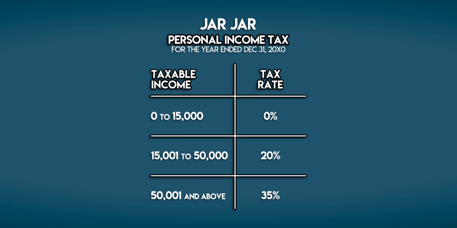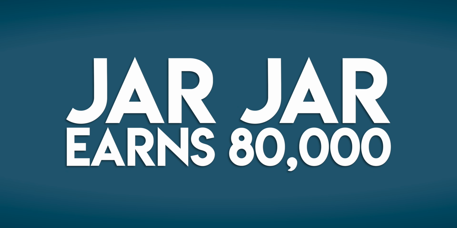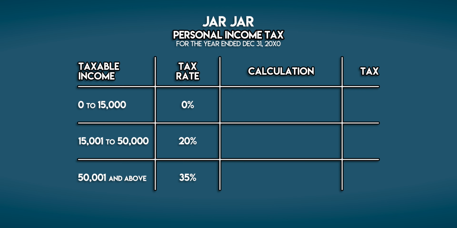Jar Jar is a cook for a wealthy nobleman. He lives on Naboo and earns 80,000 credits during a tax year. Let's work out his personal income tax bill. On Jar Jar's first 15,000 credits, his tax rate is 0, so he pays nothing. On his next 35,000, his tax rate is 20%, so he pays 7,000 credits.